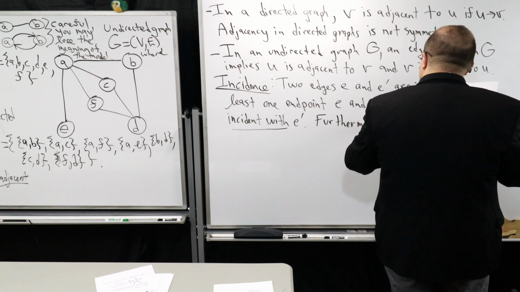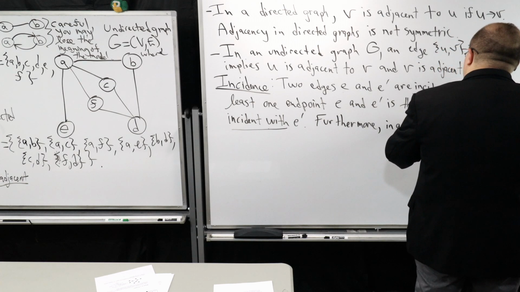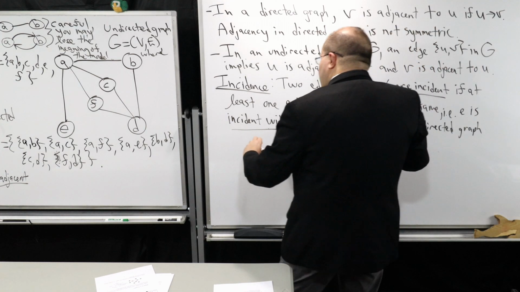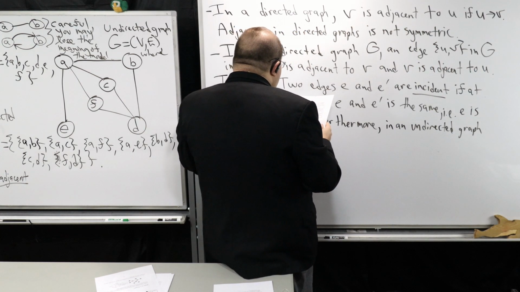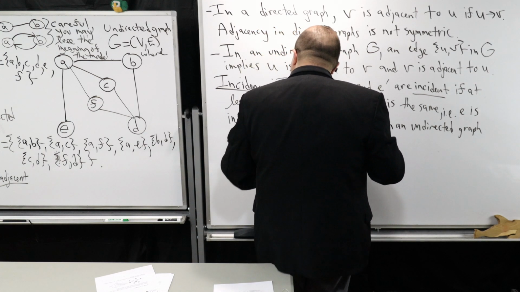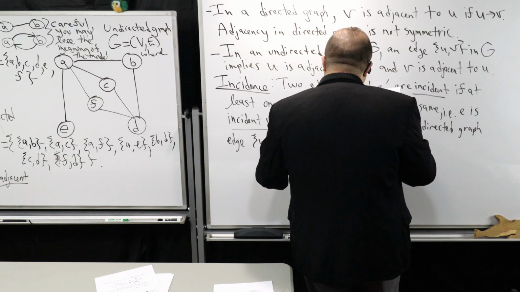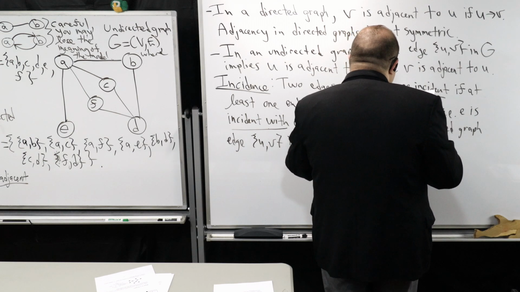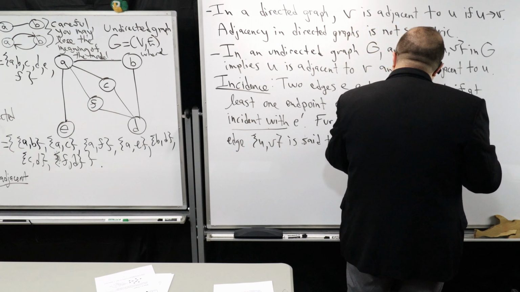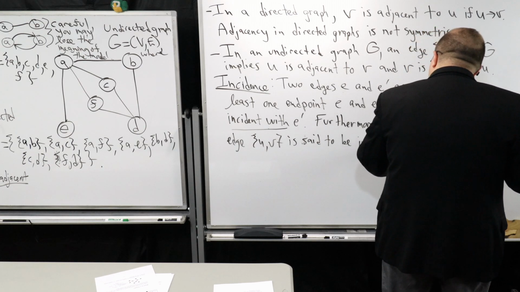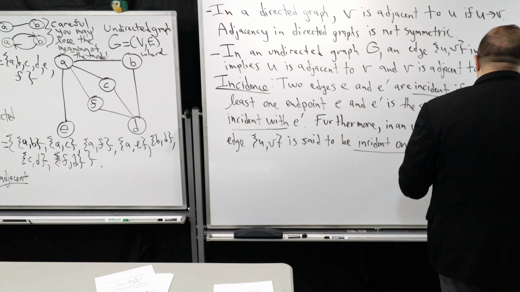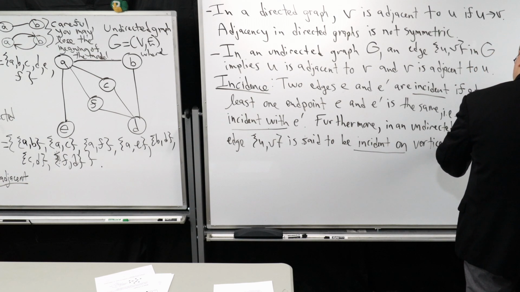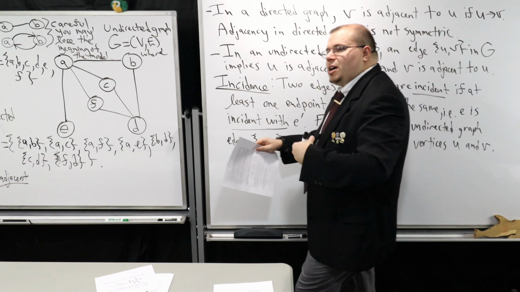Furthermore, in an undirected graph, an edge UV, so this is an undirected edge, is said to be incident on, so notice I'm using the phrase incident on, vertices U and V. So now I have a way I could talk about with incidence.